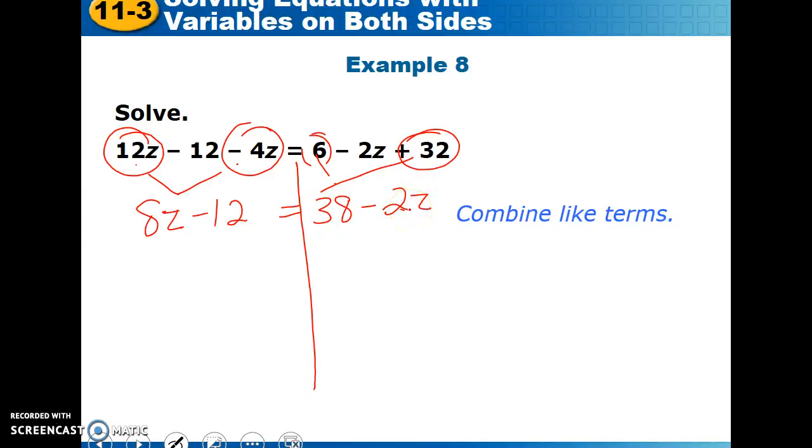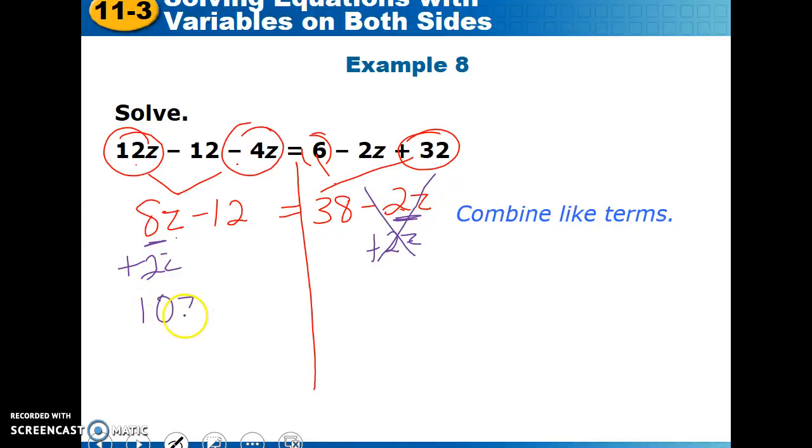So since we have a z on this side of the equation and a z over here, we need to add or subtract to get them onto one side. So I could do minus 8z, or I could do plus 2z. Again, I want to keep it positive, make my life easy. Plus 2z, plus 2z. This goes away.